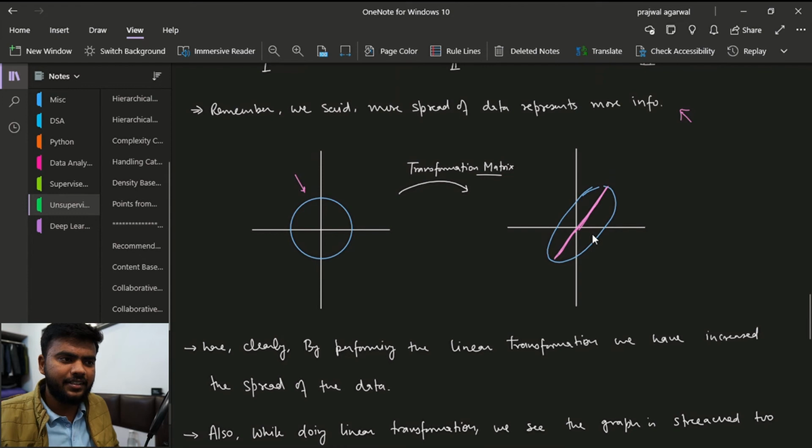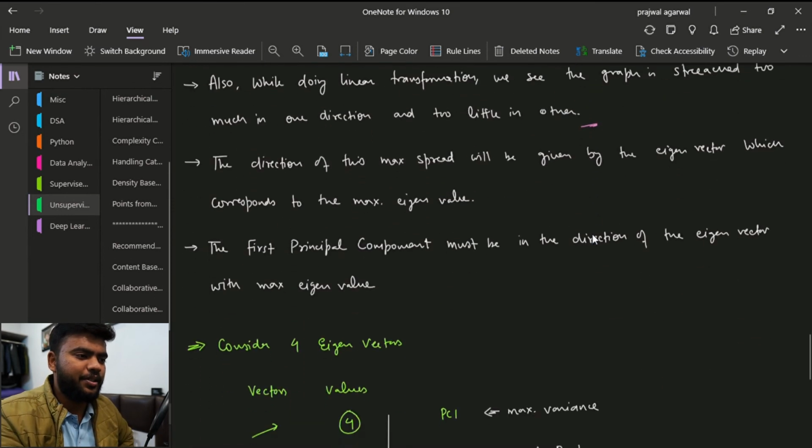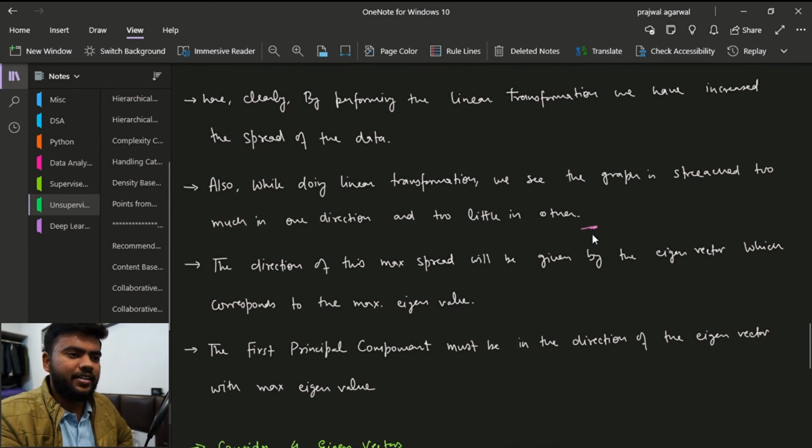This one particular direction is where the principal component is going to lie. This is how we use eigenvectors to know where our principal component is lying.